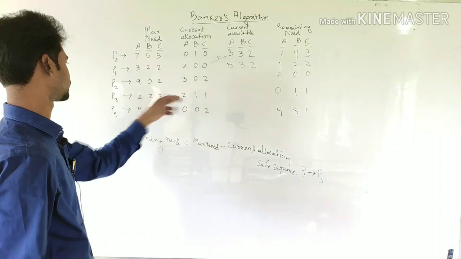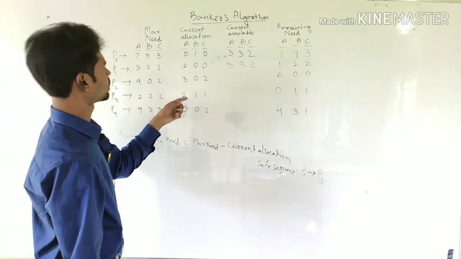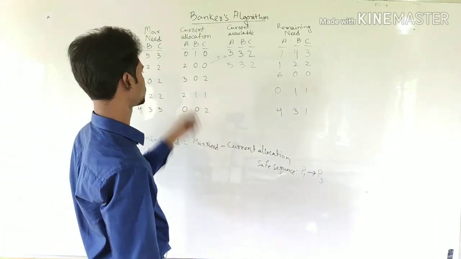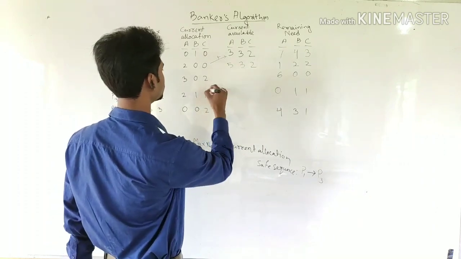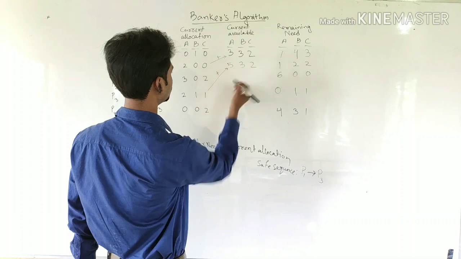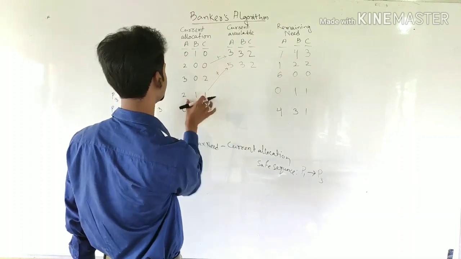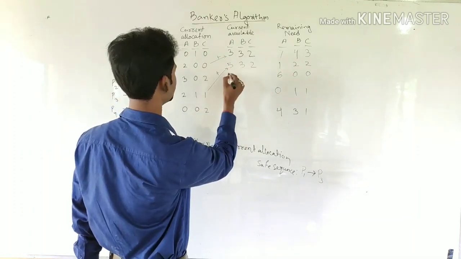After completion of its execution, the allocated resource will be released by the process. So, 2 1 1 will be released. After release, this resource will be freely available.